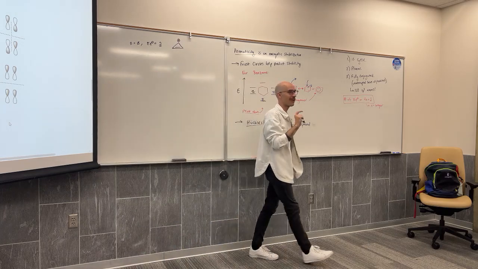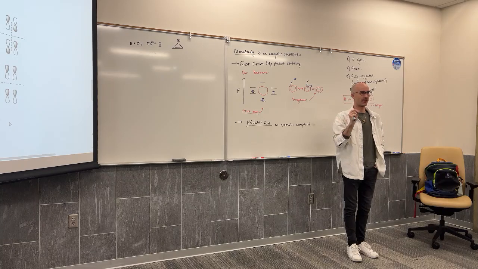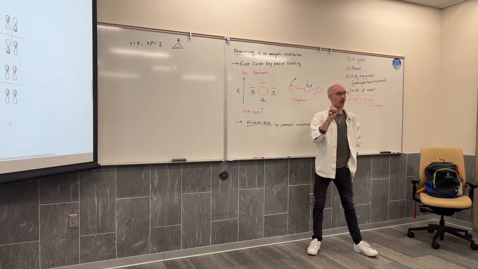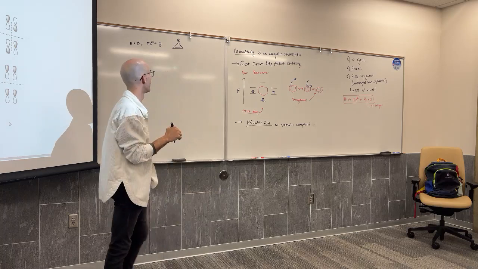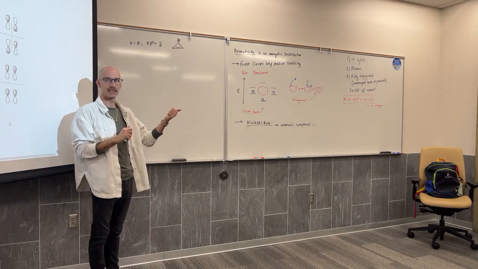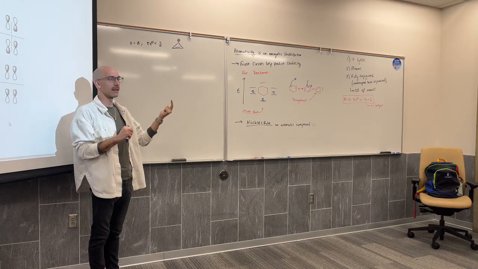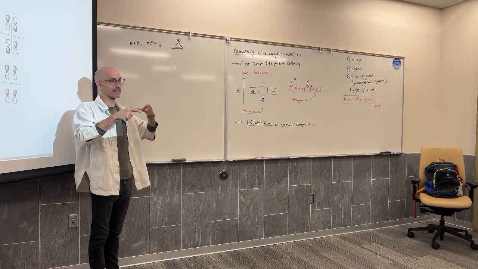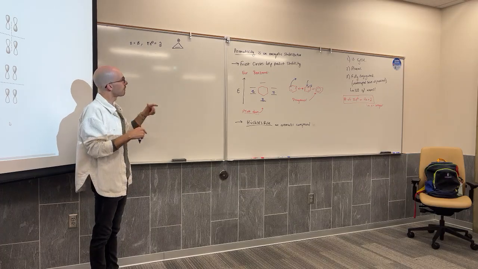The cyclopropenyl cation. 3-membered ring with an alkene and a positive charge. Cyclopropenyl cation. Is it cyclic? Yes. Is it planar? Yeah, it's actually so small, it's almost impossible for this thing to bend out of plane. Is it fully conjugated?